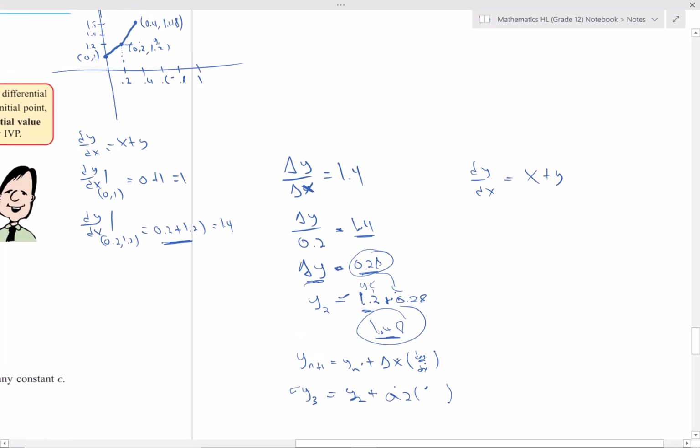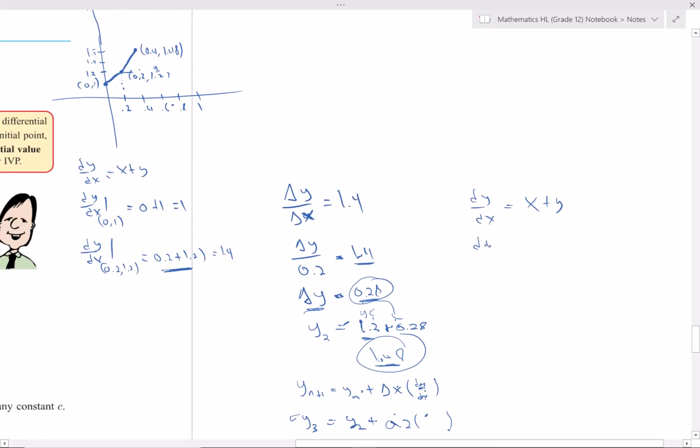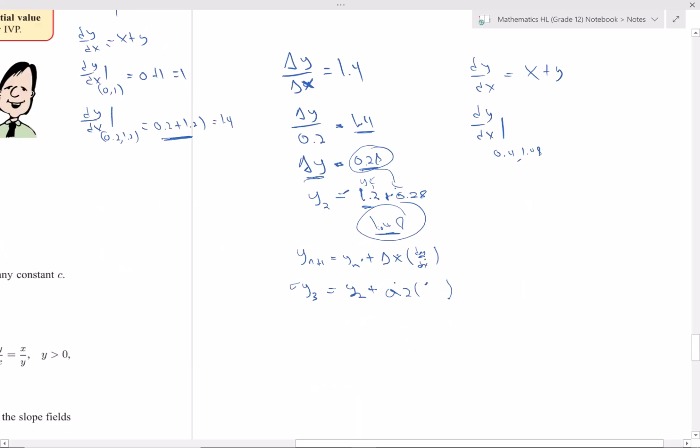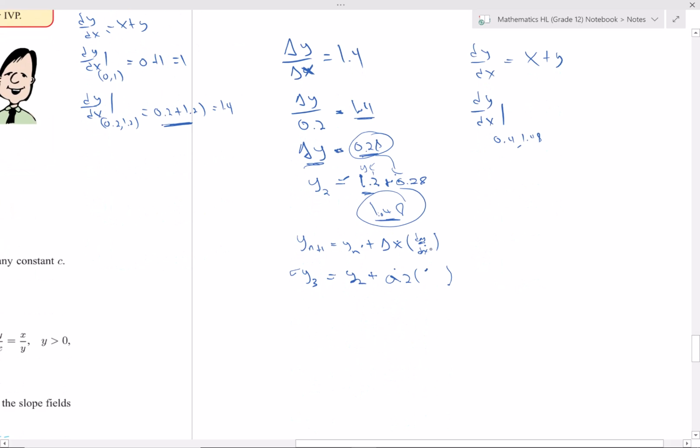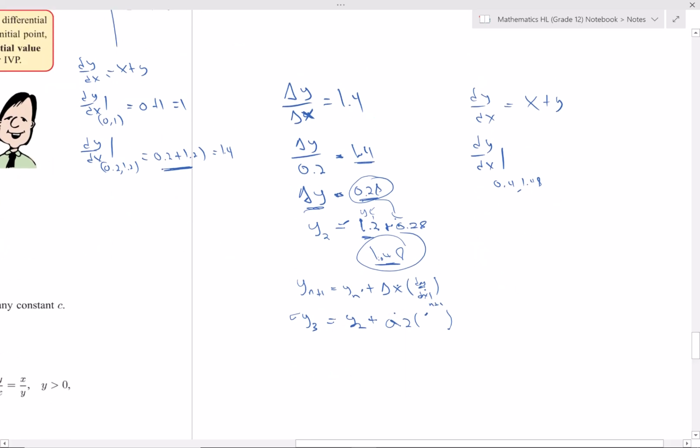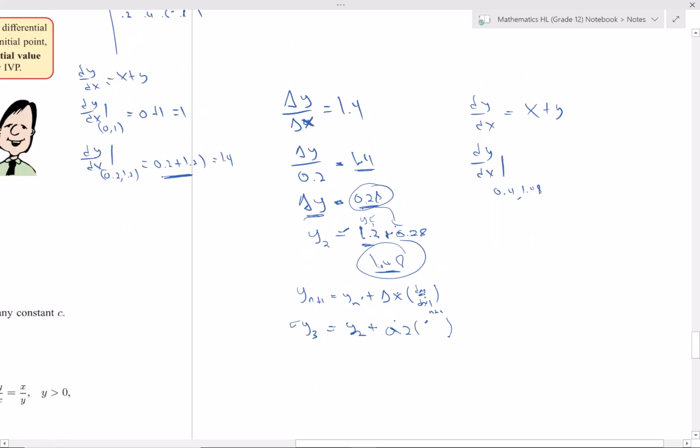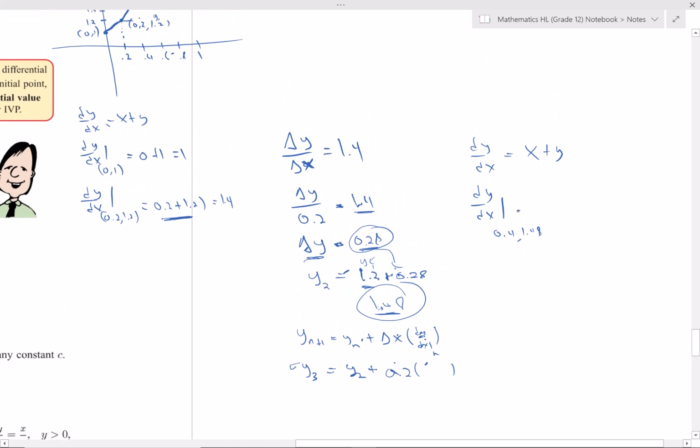We're going to plug in the known point, dy dx at 0.4, 1.48. So you could say this is the dy dx at the point n, the one that we already know. You plug this in and you get 0.4 plus 1.48 is 1.88, right?